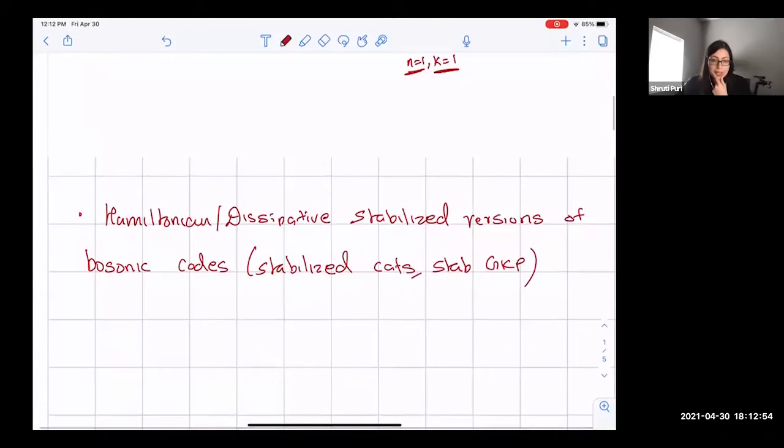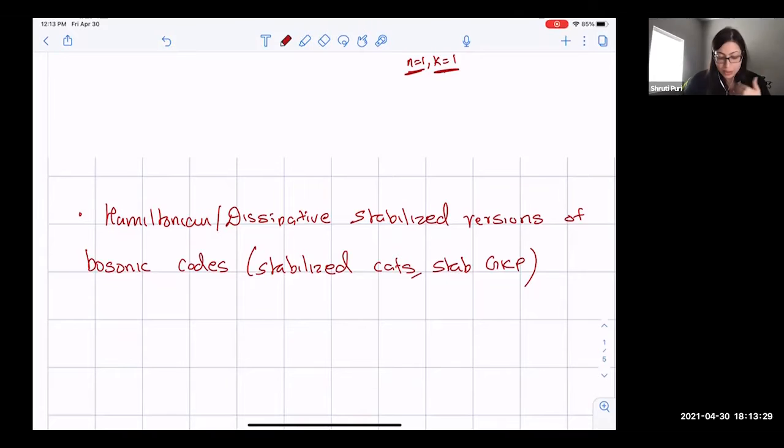Now, there's another type of bosonic qubits, which are Hamiltonian or dissipatively stabilized versions of these bosonic codes, wherein you engineer a Hamiltonian, or you engineer a special dissipative environment such that the errors are autonomously corrected, unlike the kind of qubit codes that you have been learning about so far, where you measure some stabilizers and then go back and correct for them.